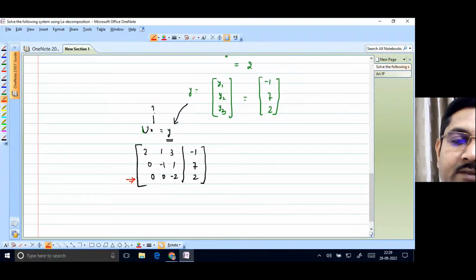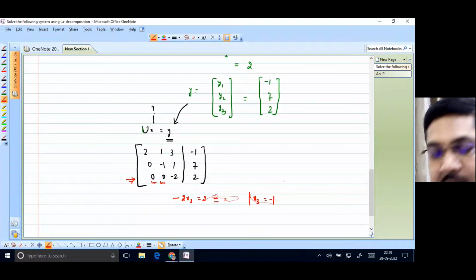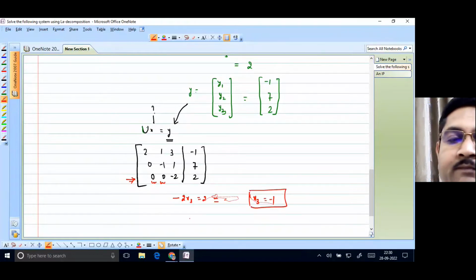If I write the equation 0x1 plus 0x2 minus 2x3 equal to 2, from this I am getting x3 equal to minus 1.